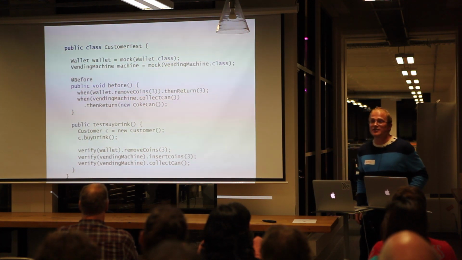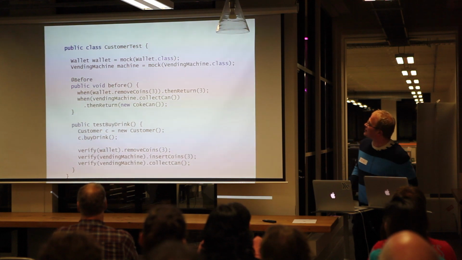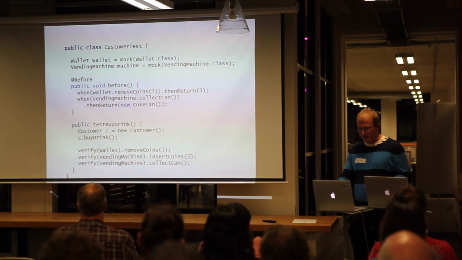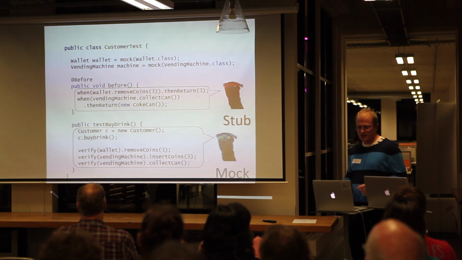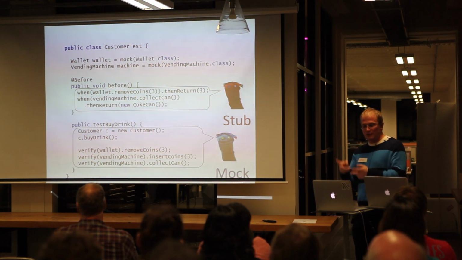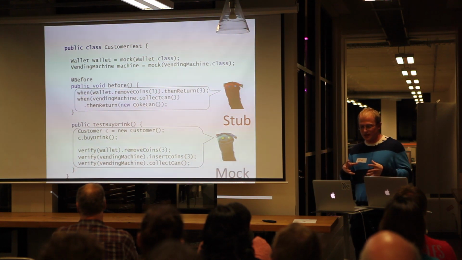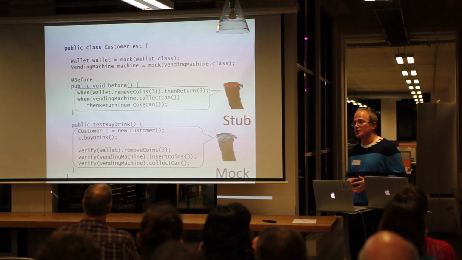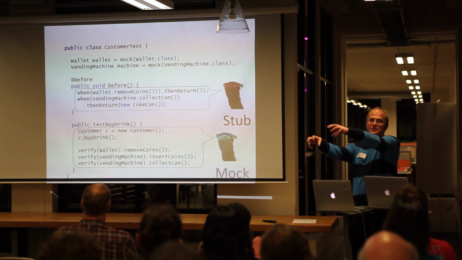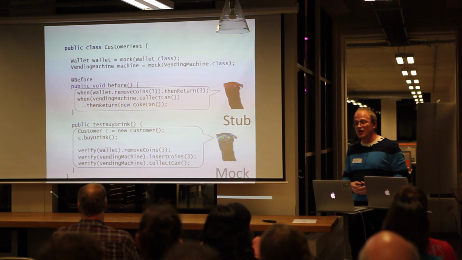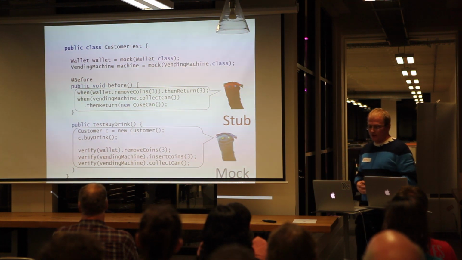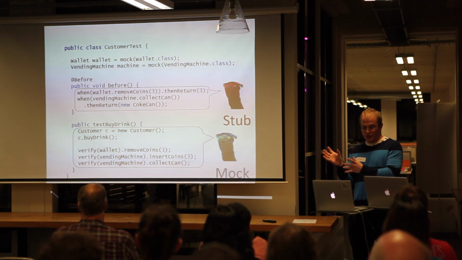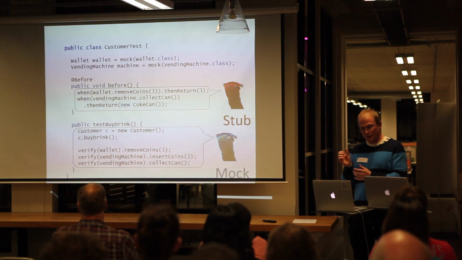The test, on the other hand, is unfortunately also quite conventional and a bit of an ordeal, I think. This one has stubs and mocks, because our two collaborators here are mutable and we can't test our drink buying functionality in any kind of sane way if we've got these mutable collaborators that we're running inline. So we rig the wallet to have a certain number of coins and return a certain number when it's called with remove coins.